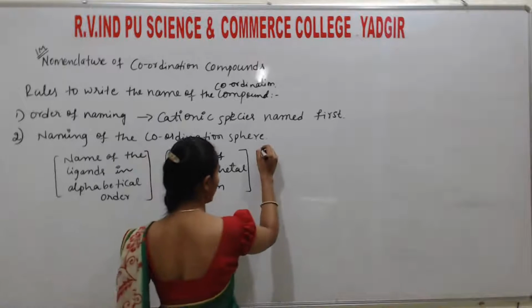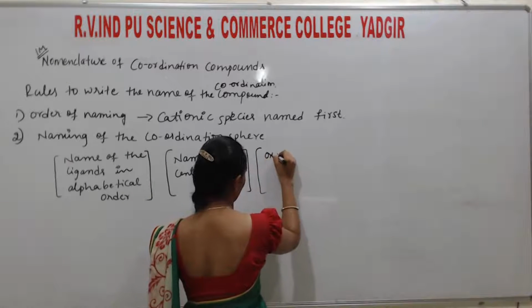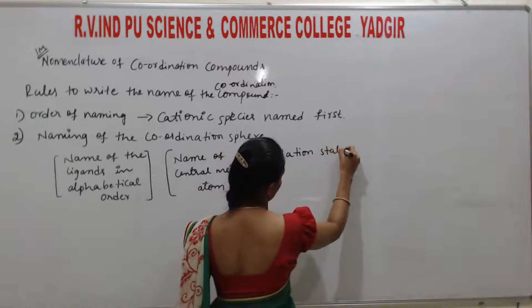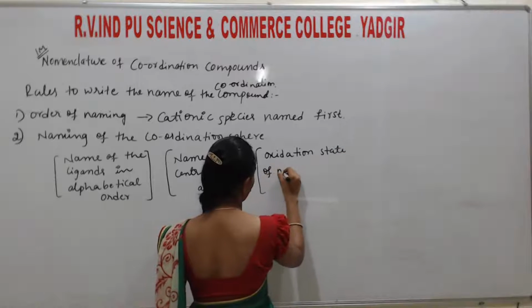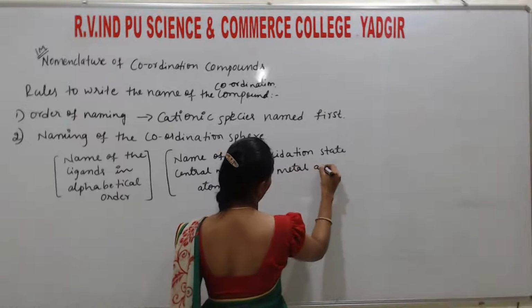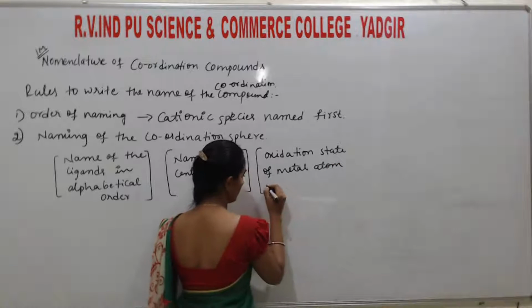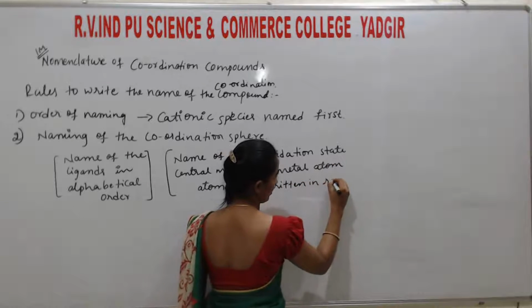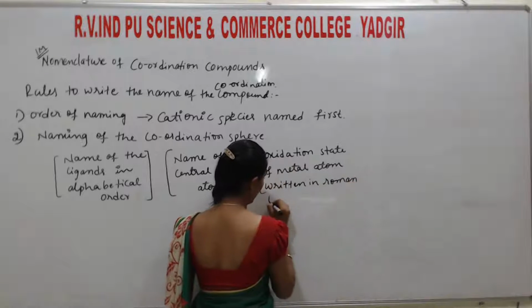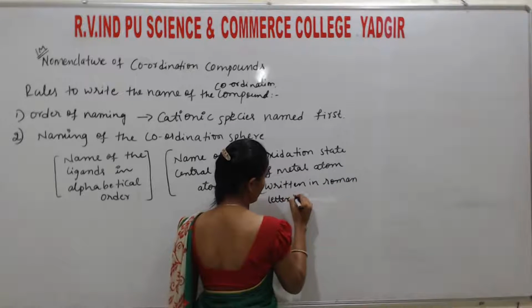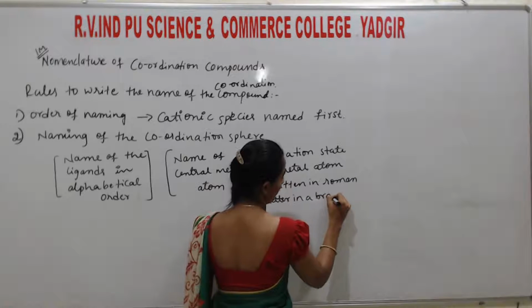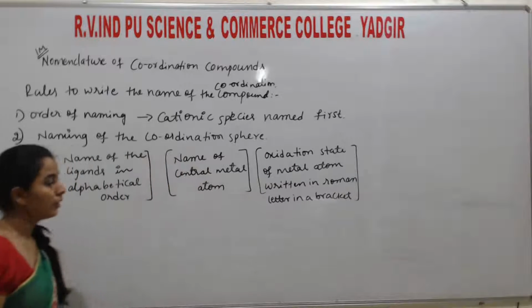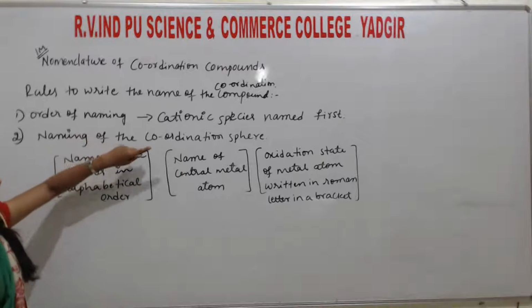Okay. Next, oxidation state of the metal atom written in Roman letter in an open bracket. This is the rule to name the coordination sphere.